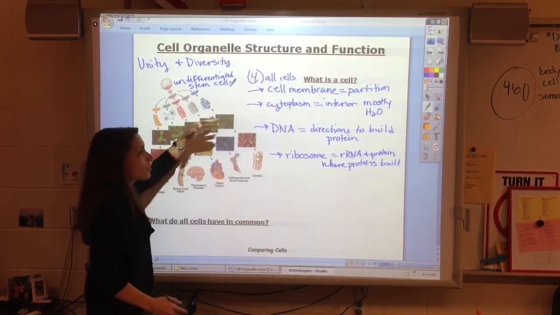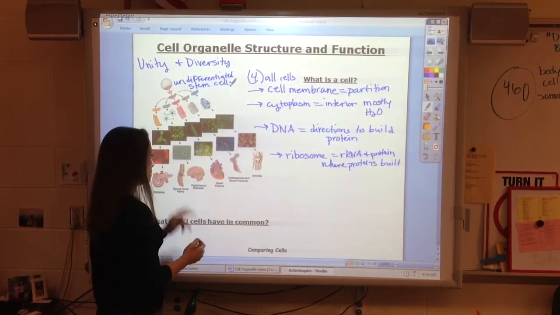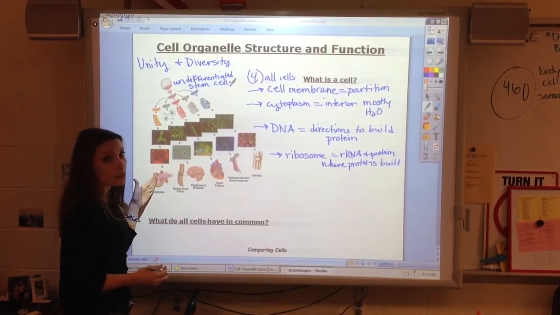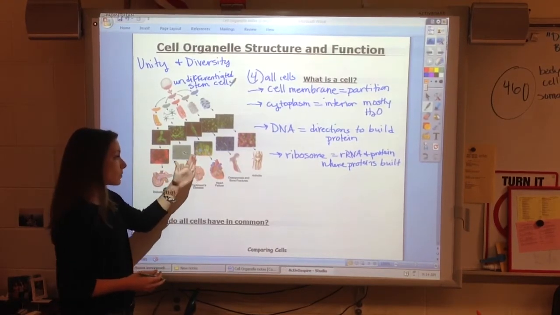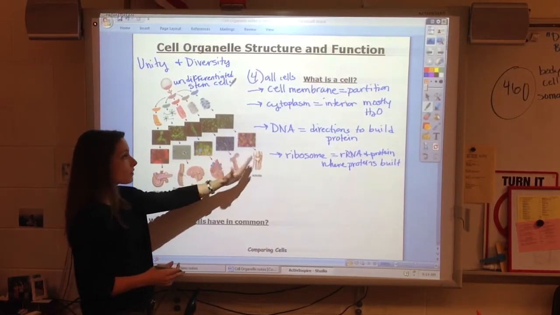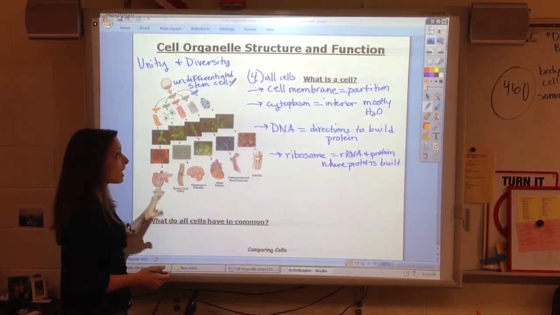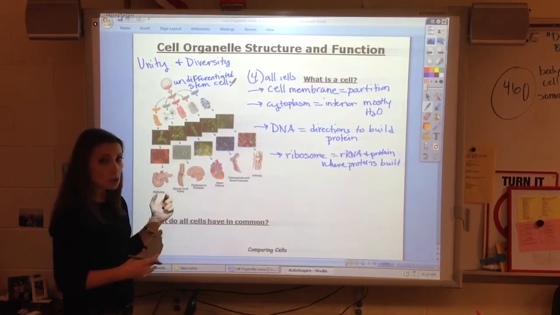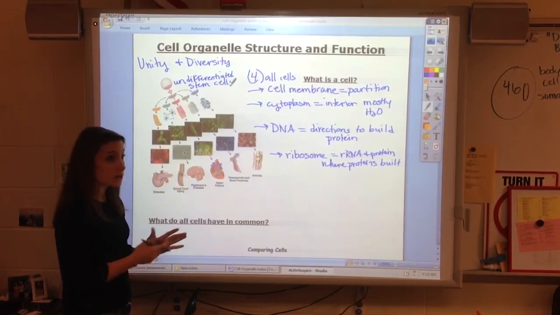And as they more and more selectively use their DNA, they become differentiated. So we'll have cells that become part of the pancreas, cells that become part of the spinal cord and the brain, part of the heart, part of the bone, part of cartilage. And so we're really going to be looking in this unit at how are all cells similar, and then how do cells use their internal structures to become more and more specialized.